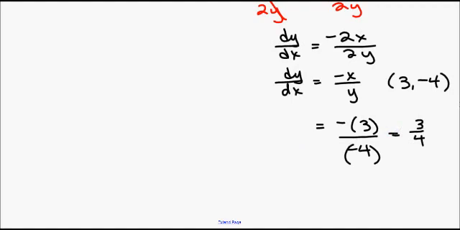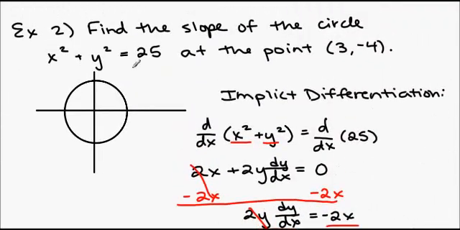So the slope at that point is 3/4. That wasn't so bad. You could have done this with explicit differentiation, which is what we were doing before. If you broke that equation down and got y by itself, plus minus square root, but it's a lot uglier.